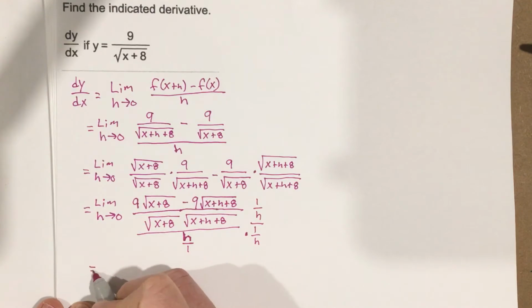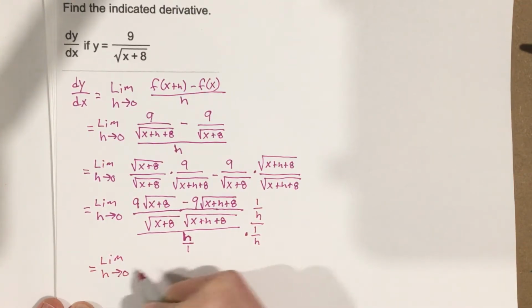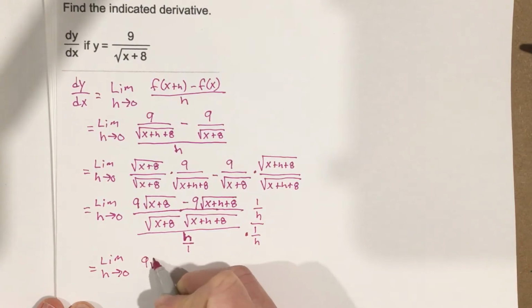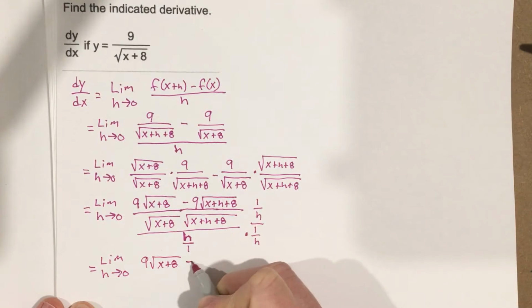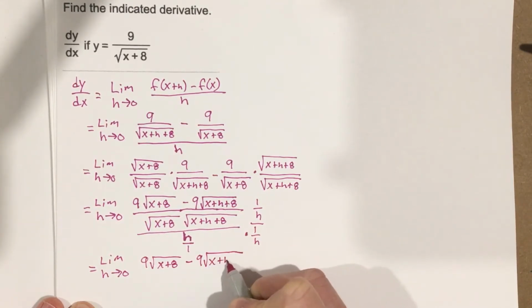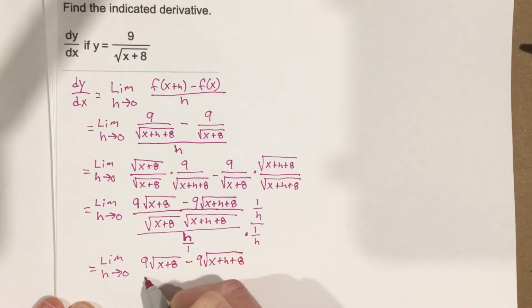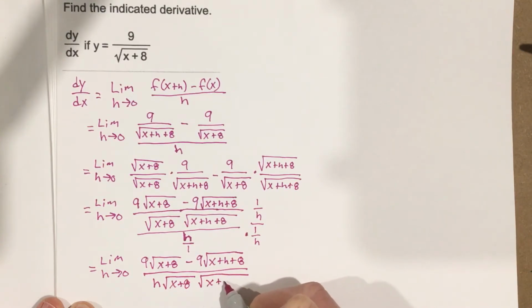So we end up with limit as h approaches 0, 9 root x plus 8 minus 9 root x plus h plus 8 all over h root x plus 8 root x plus h plus 8.